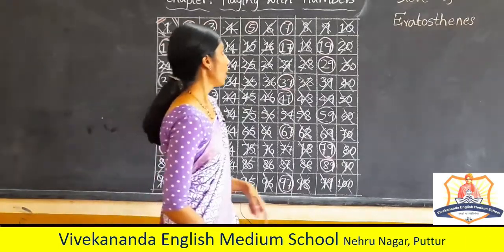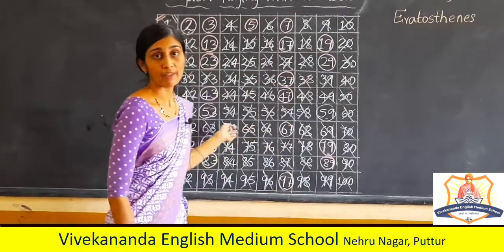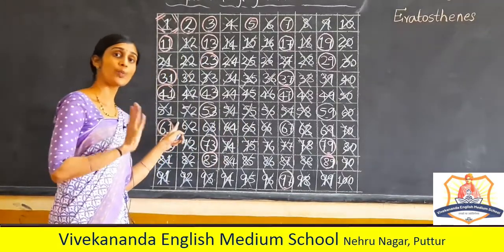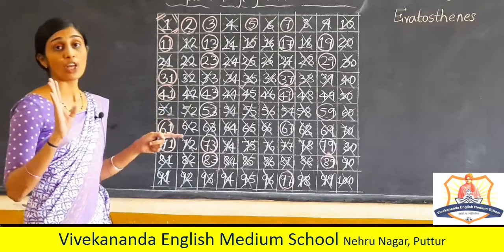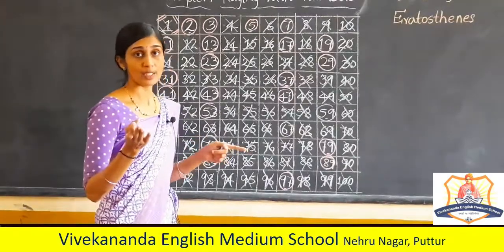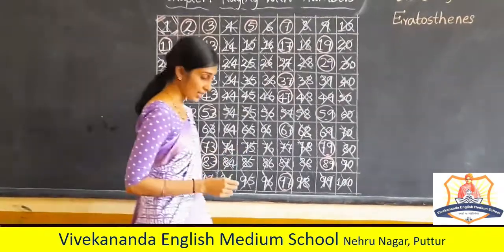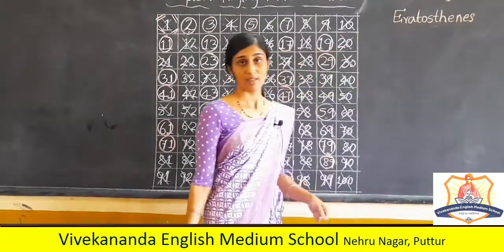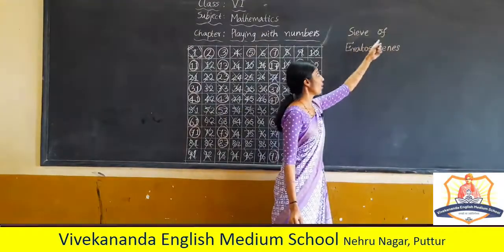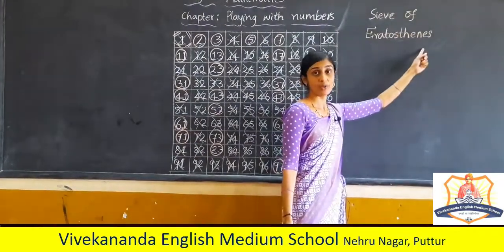So this method of bifurcating the numbers into prime numbers and composite numbers with the knowledge of factors and multiples is known as the sieve of Eratosthenes.